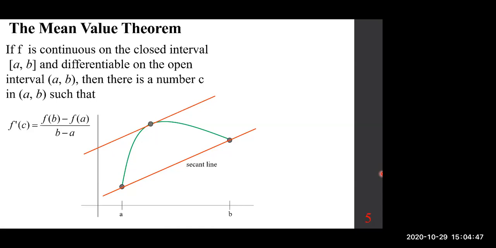Look at some point between a and b such that there is a line parallel to the secant line, which is a tangent line. Therefore, they must have equal slopes.